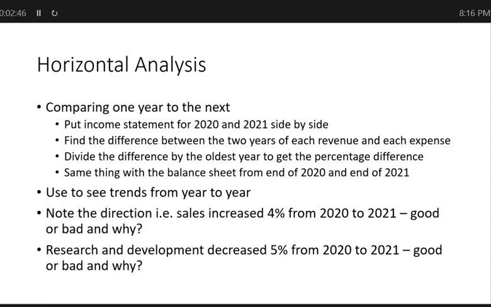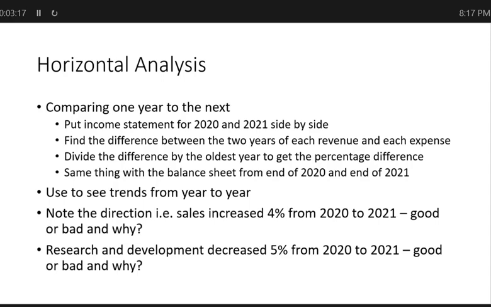So we can take 2021 and subtract 2020. So the revenues for 2021, subtract the revenues for 2020. Take that difference and divide it by the oldest year. You always divide by the oldest year and then move the decimal over a couple spots to make it a percentage and see what percentage it changed.